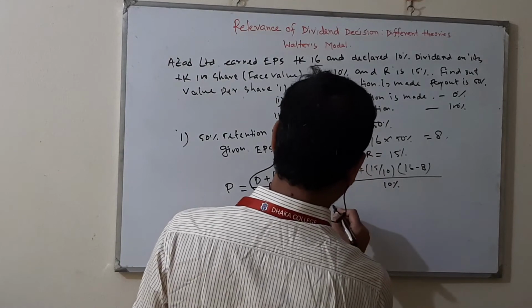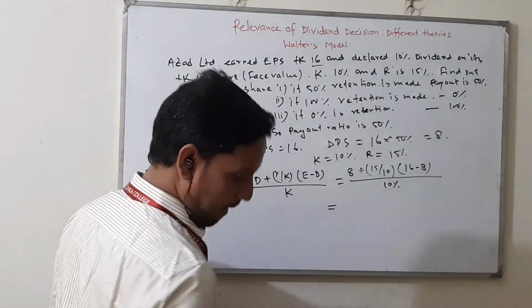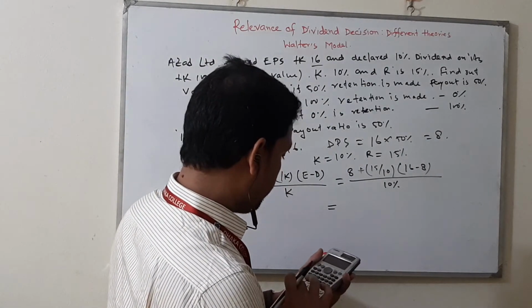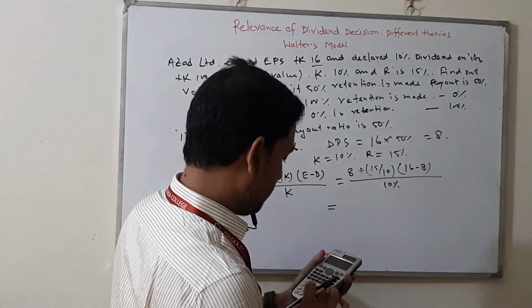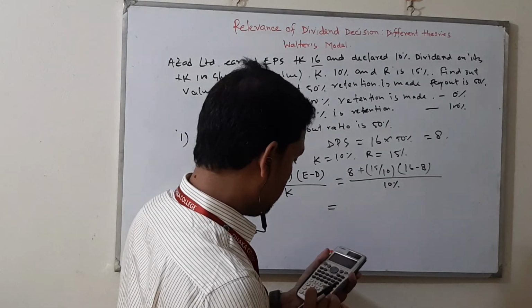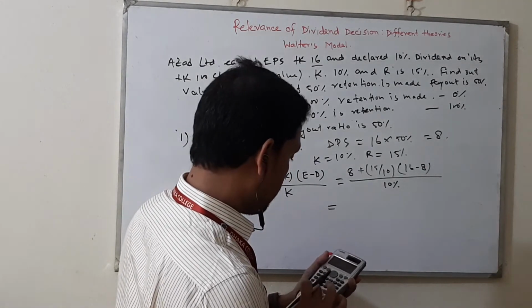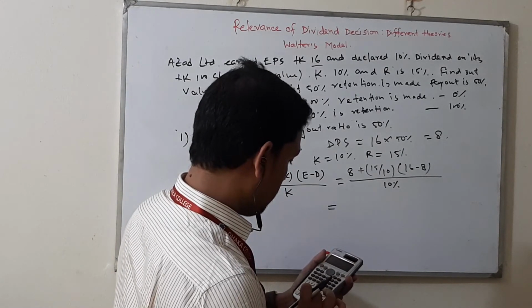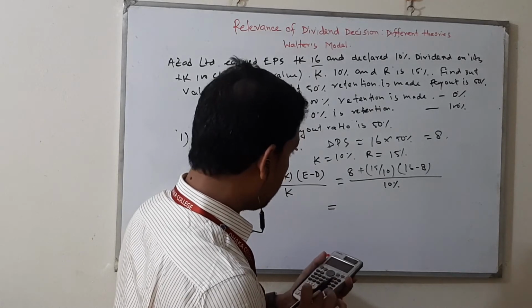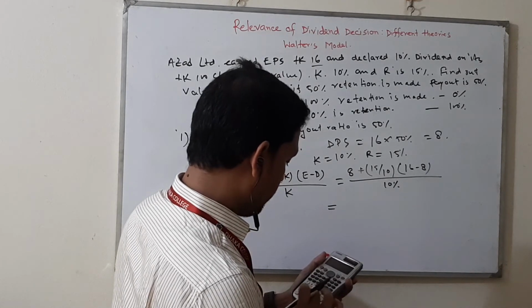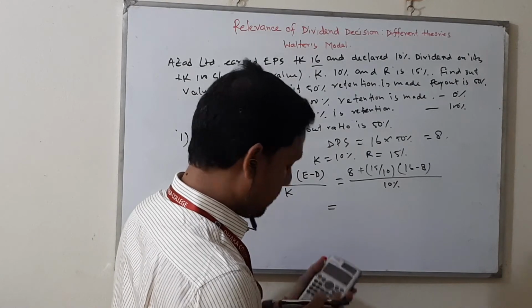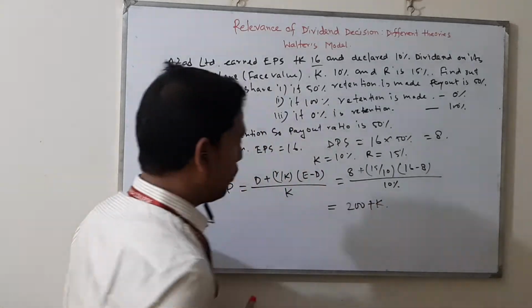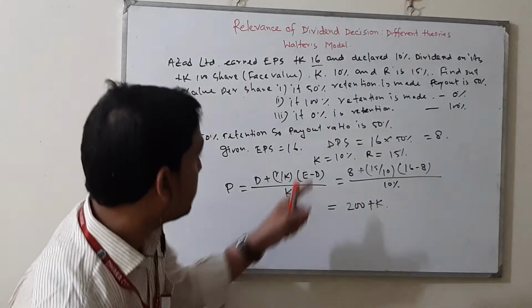Okay, so 0.15 divided by 0.1 into 8 is 12, plus 8 is 20, divided by 0.1. So here is 200 taka. Value per share is 200 taka when retention is 50%.